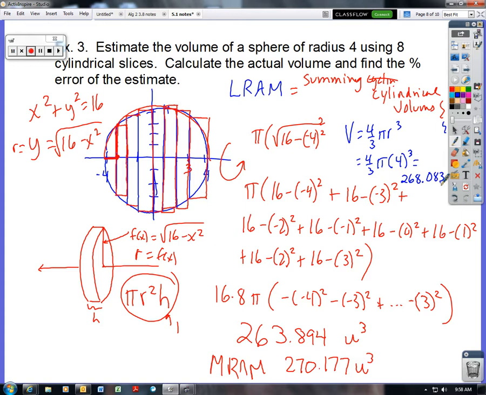Do that down here. So that's going to be 268.083 minus my estimate, which is right here, 263.894, divided by the actual.